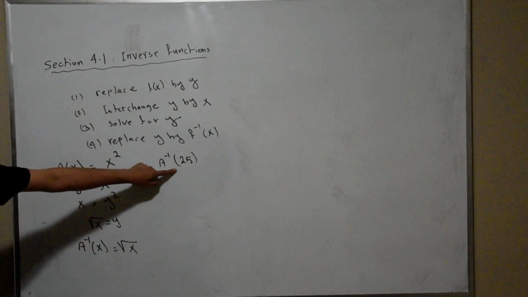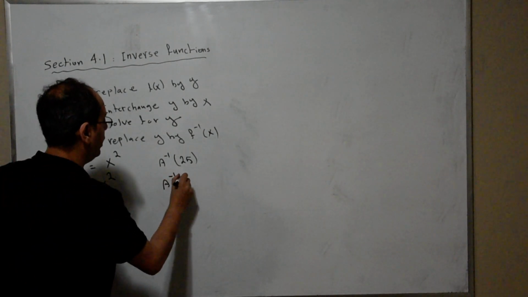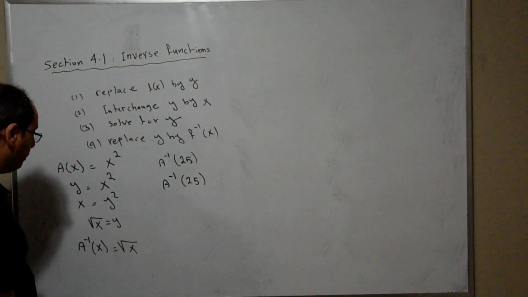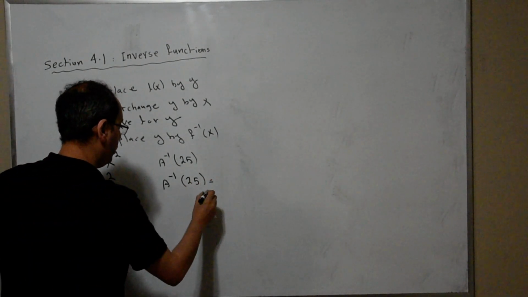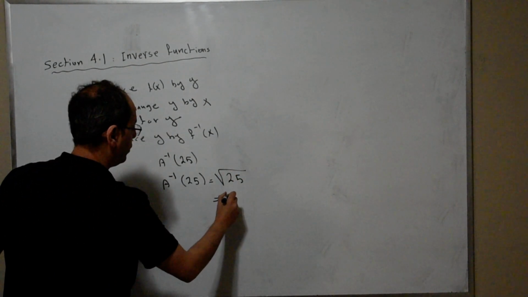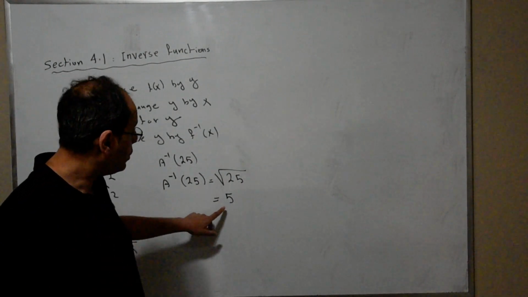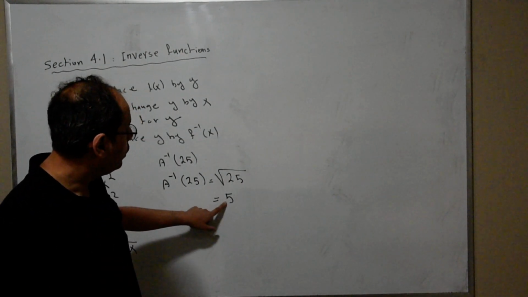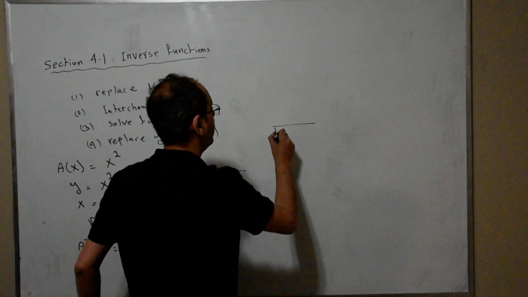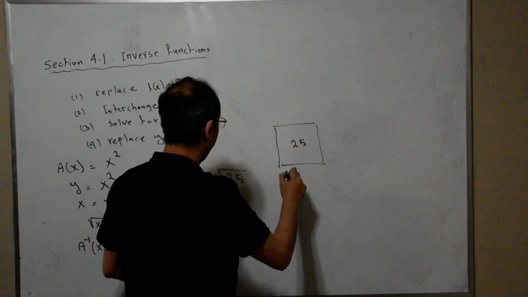Now, I need to find the area inverse of 25. So that equals the square root of 25, which is 5. So now, that makes sense because the area is 25.